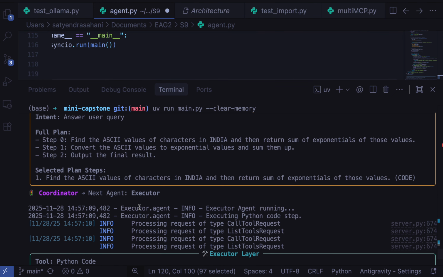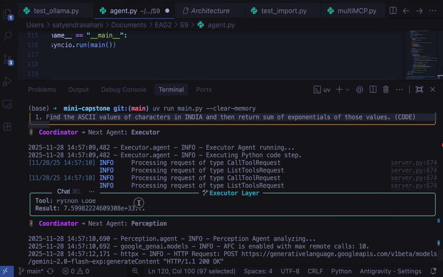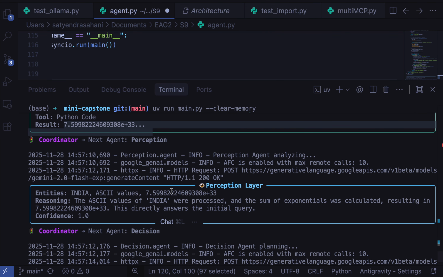Find the ASCII value of the characters in India, convert the ASCII values to exponential, and finally output the final result. Then it takes step zero as an action and hands over to the executor. The executor comes back and says this is the answer. Then perception takes this value and says that the word was processed and the sum of the exponentials calculated, resulting in this, and this directly answers the initial query.